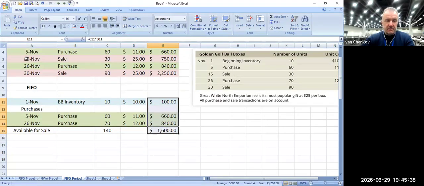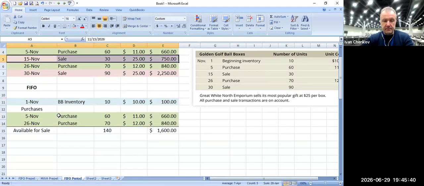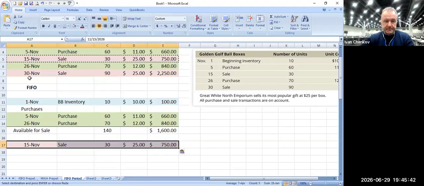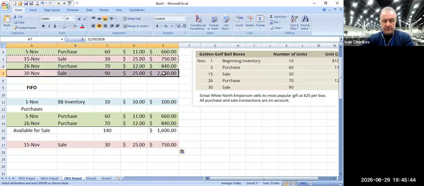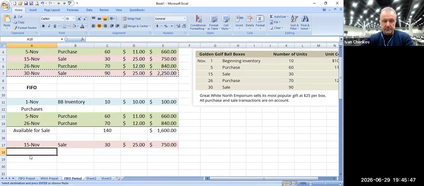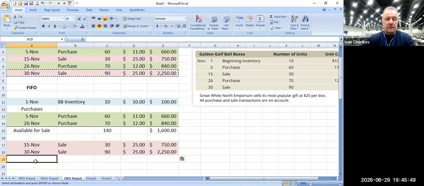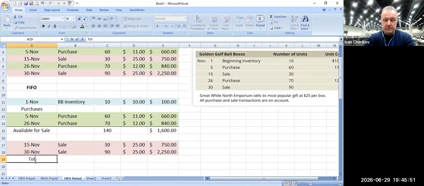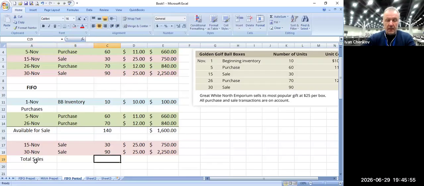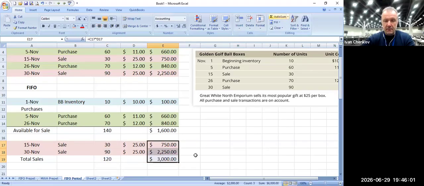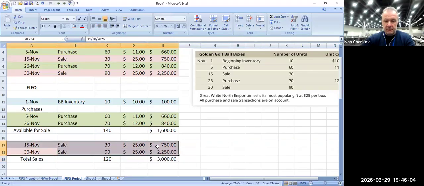Then we're going to get the sales and calculate the total sales. And we can see that we sold 120 units, and now sales are $3,000.